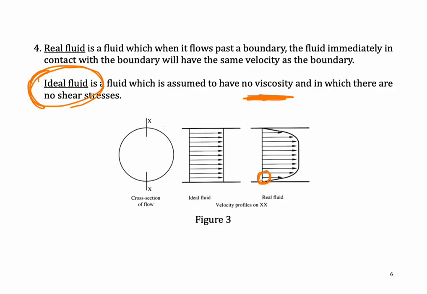So the velocity distribution will look like this, where molecules at the surface will travel with the same velocity as molecules in the middle, because there is no viscosity effect that could cause the fluid to stick on the surface.